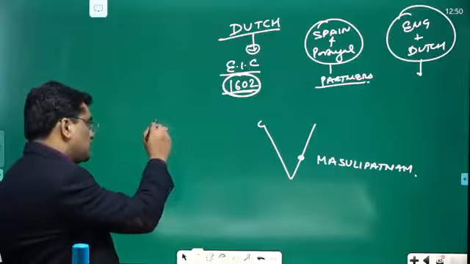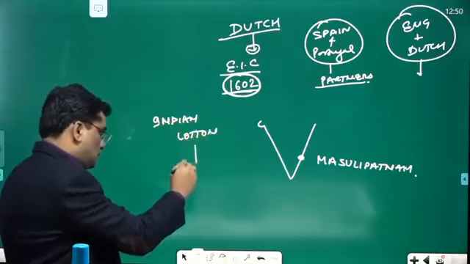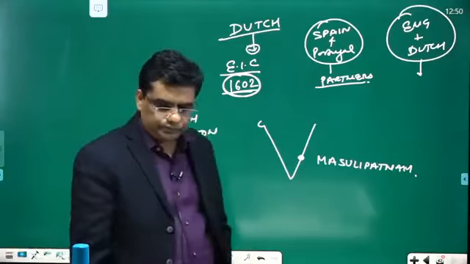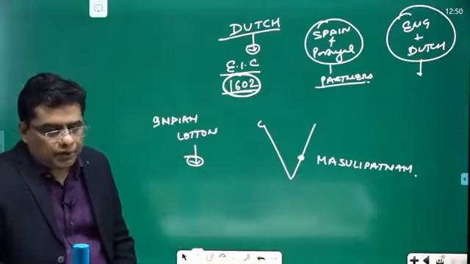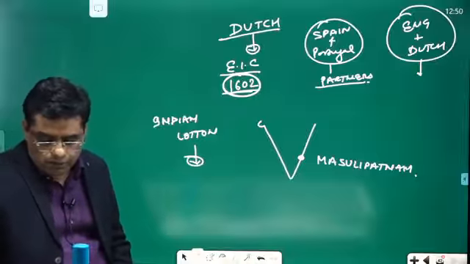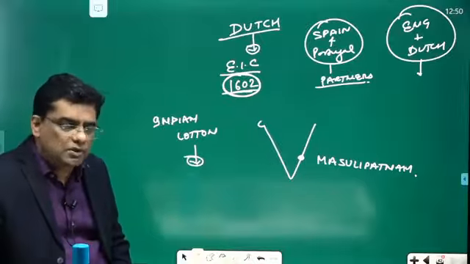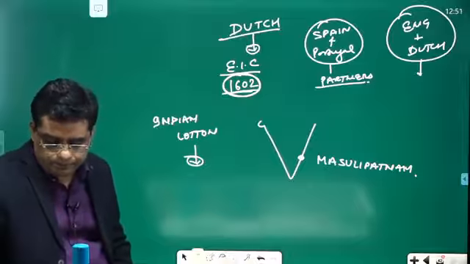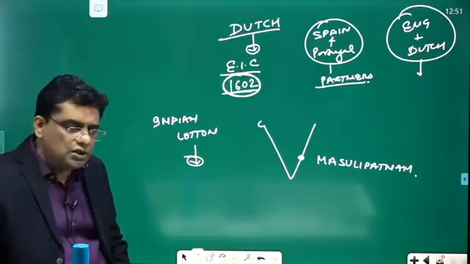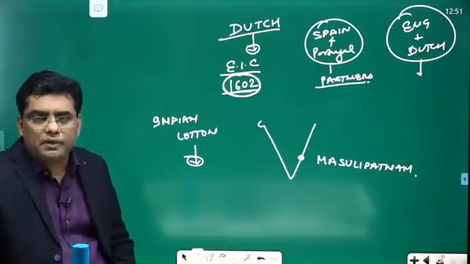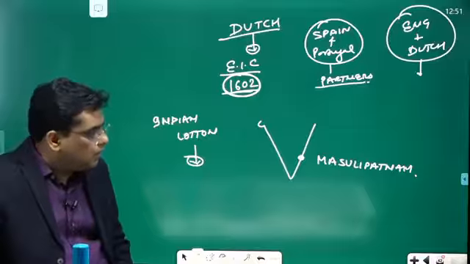One of the biggest things about the Dutch is that Indian cotton textile got a market in Europe. The Dutch also established factories in Southeast Asia, and were particularly concerned with Indonesia.